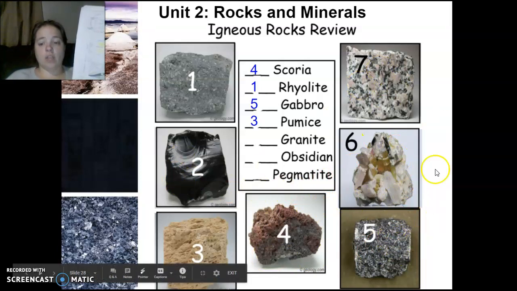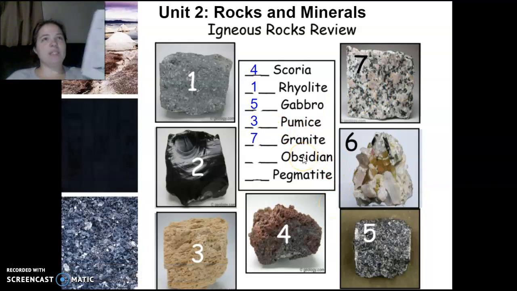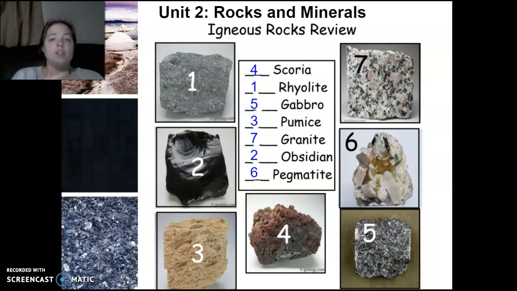Well, 7 looks kind of similar crystal size. And that's it. Now, obsidian, one of my favorite rocks, because it's glassy in texture, number 2. And then we saw pegmatite to start this slideshow. It's number 6.